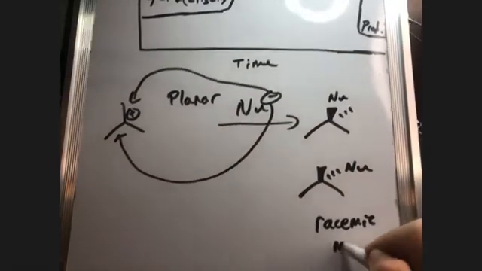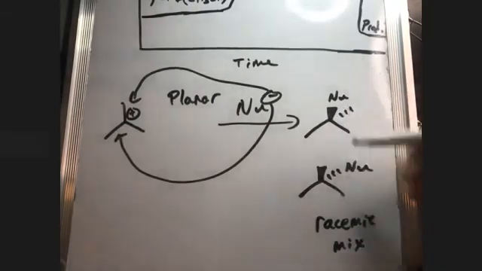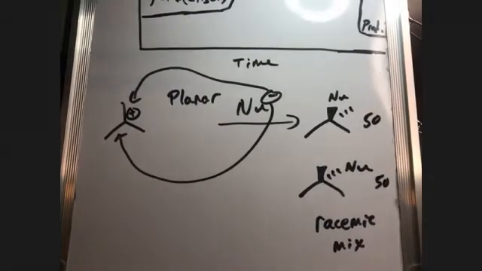And a racemic mixture is a 50-50 mix of enantiomers. So if these are enantiomers, you'll get a racemic mixture, 50% this, 50% this, because of the nature of the intermediate, which is the carbocation. So I think we talked about everything.